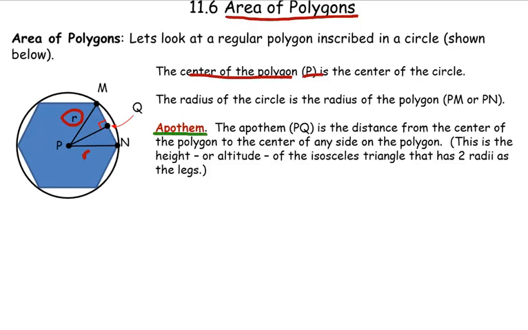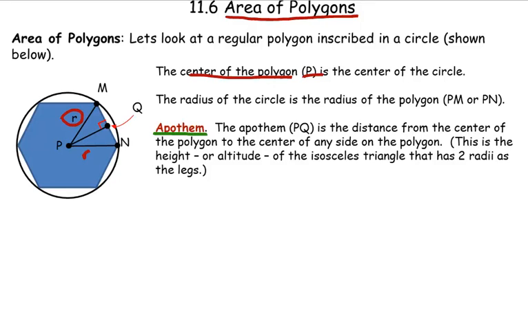And that's a really important word for you to learn. Very important to learn and memorize. The apothem. And here this is from P to Q. From P to Q is the apothem. Right there. It is the distance from the center of the polygon to the center of any side of the polygon.